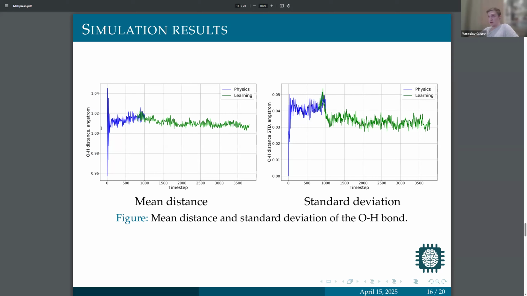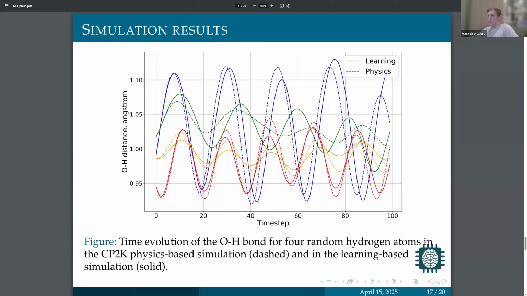So from this one can derive the bond length, which is about 1 angstrom for the water, and this is how this distance from hydrogen to oxygen evolves with time.